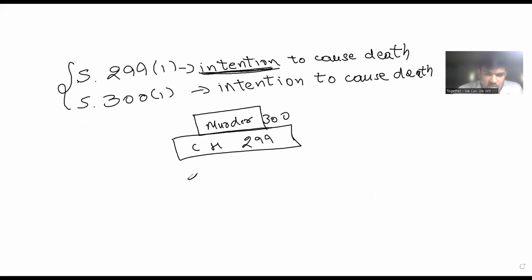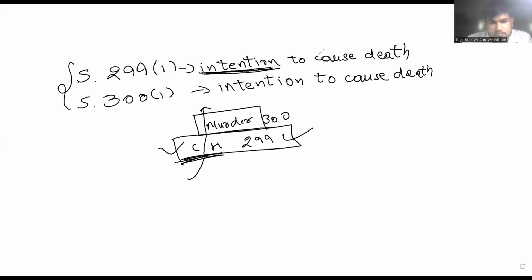Prosecution always first proves culpable homicide. Always culpable homicide is proved first. If culpable homicide is proved, only then murder can be proved. Why so? Because the definition says so.